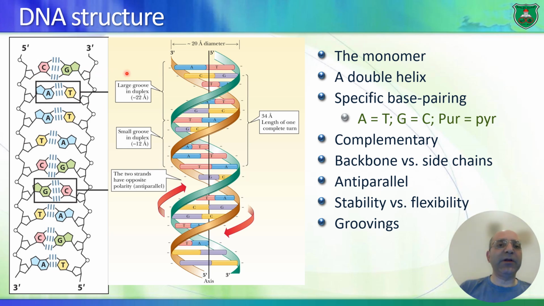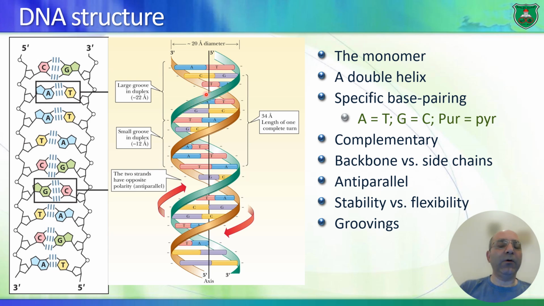So it's a double helical molecule. Helical because the two strands wind around each other in a helical pattern. But it's not a perfect helix. You have these spaces, and these are called grooves.